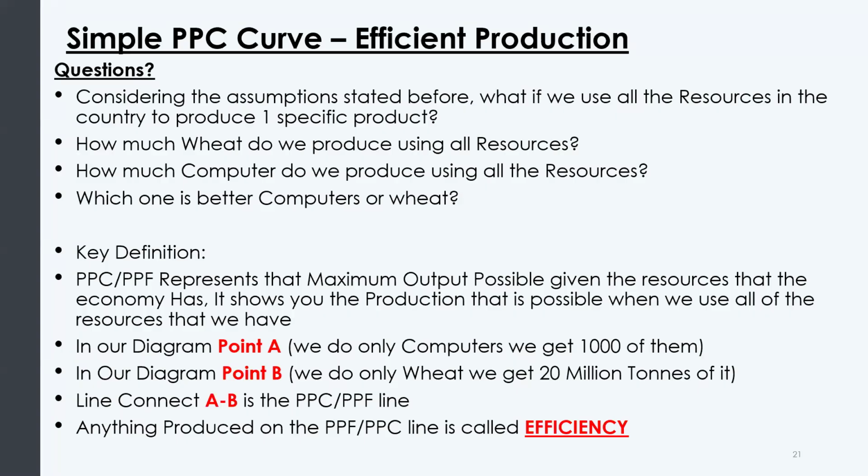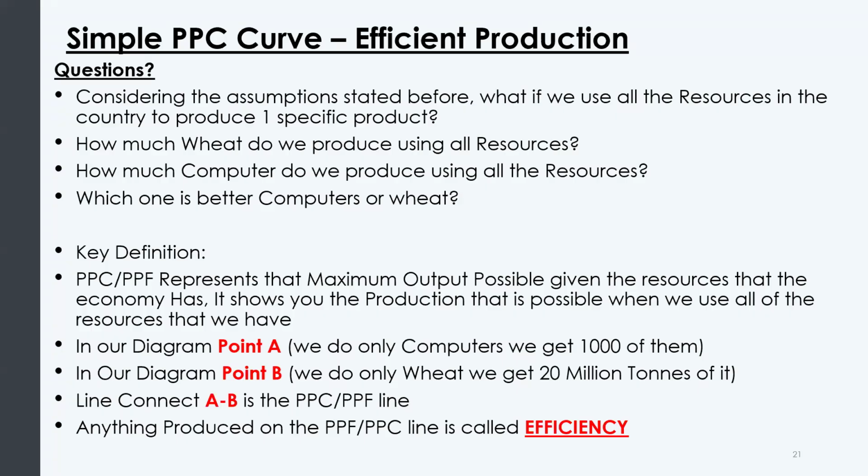Now, in our first lecture, I said economics has got theory, economics has got calculations, economics has got graphs. Right. So you understand economics from those three dimensions. So the production possibility curve is the graphical representation, and also it will even have calculations that show us what we learned in unit number 1, right?